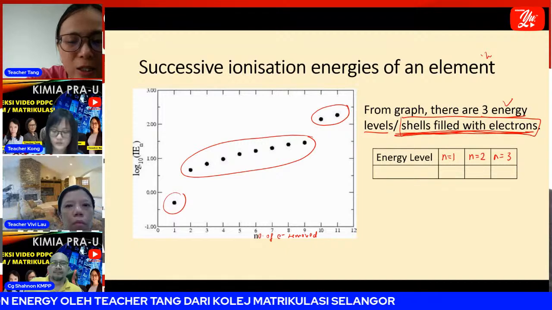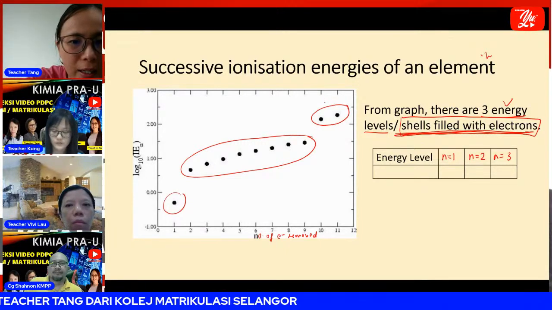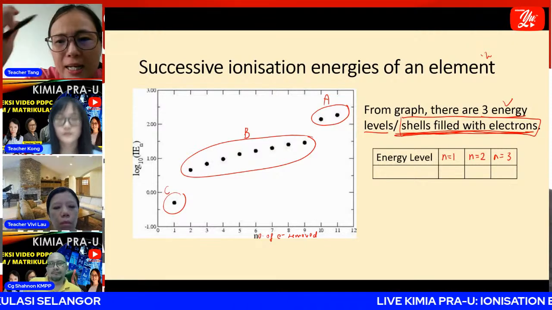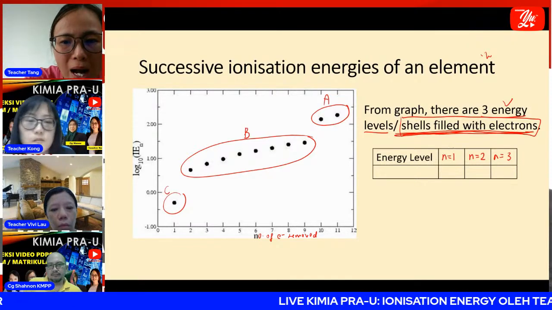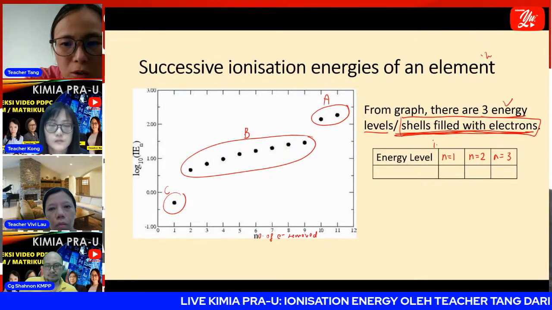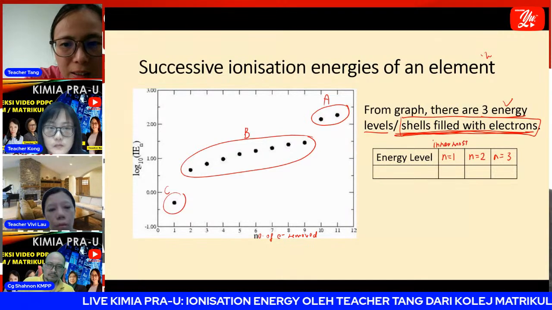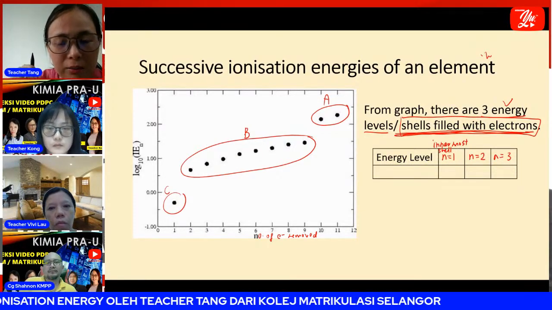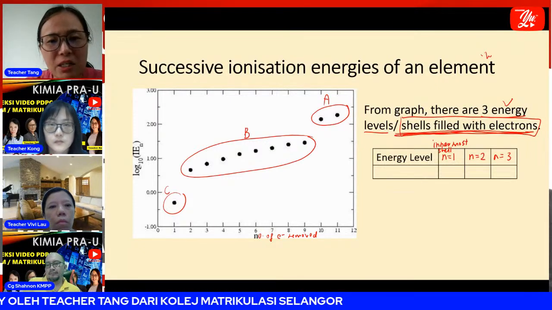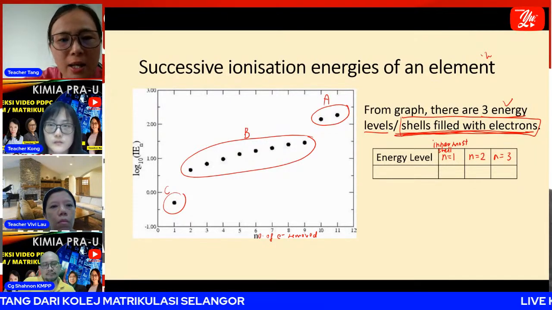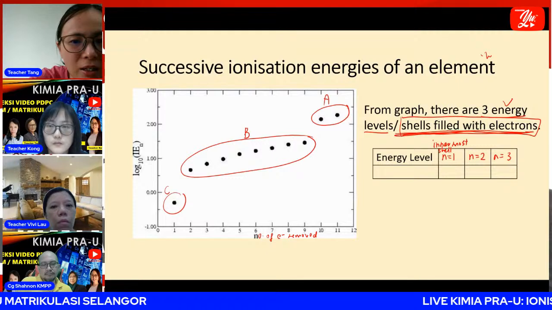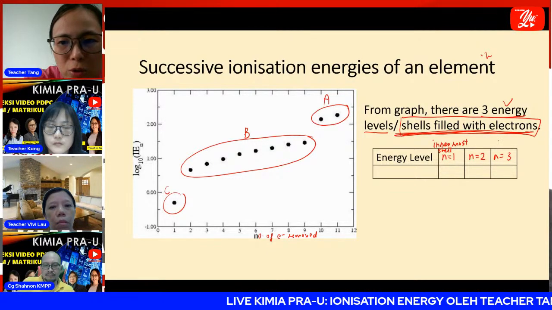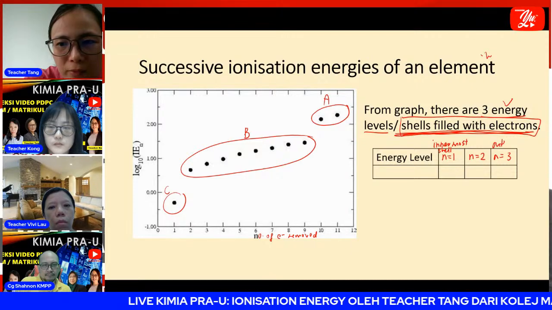Which one is n equals 1, A, B, or C? Basically, n equals 1 is the innermost shell of electrons, which means the shell that is nearest to the nucleus. Here there are three shells filled with electrons, so n equals 3 would be the outermost shell.